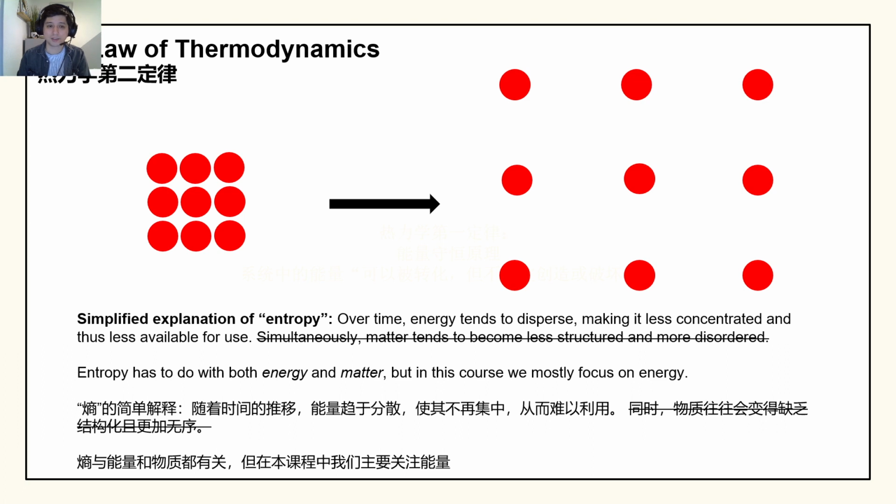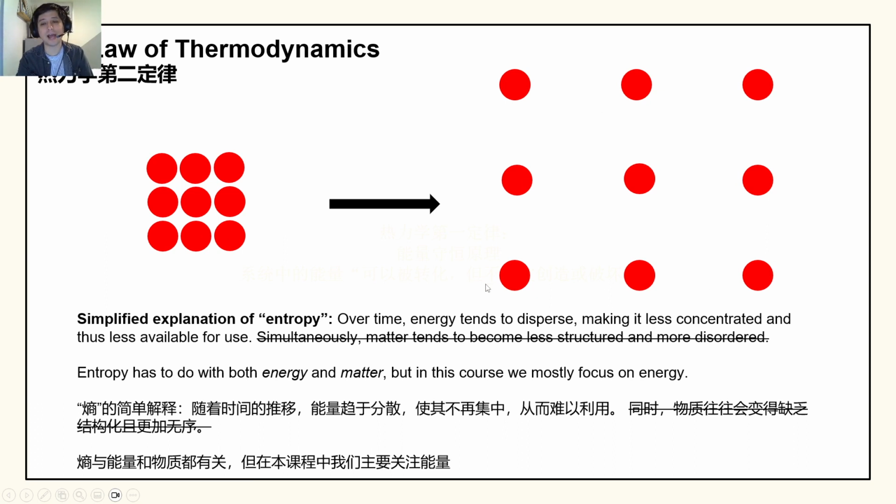Okay, so what does this mean? Energy, when it is tightly together, like on the left, is, maybe not the correct term, but we're going to use it just for simplified, so you can understand, usable or workable, right? The more tightly concentrated energy is, the more usable it is.